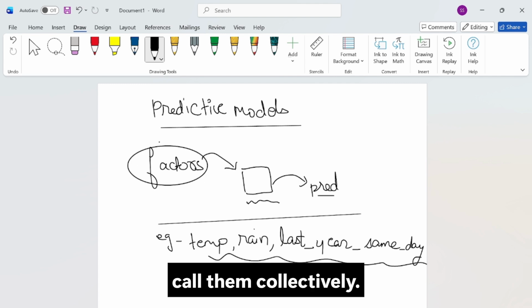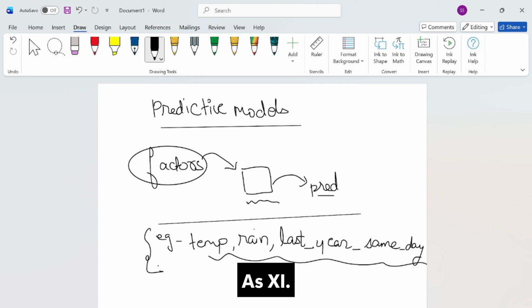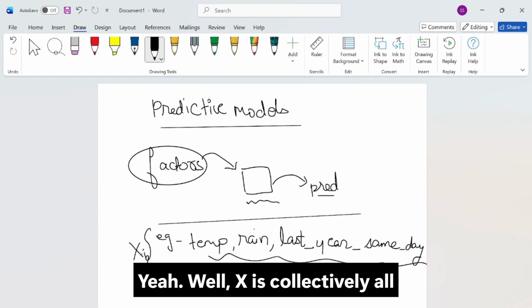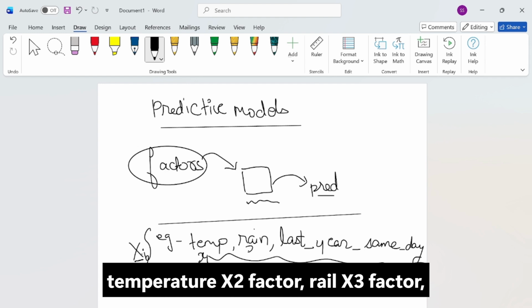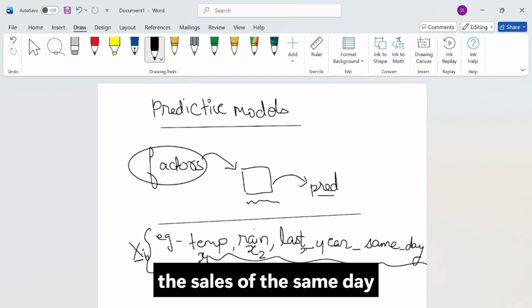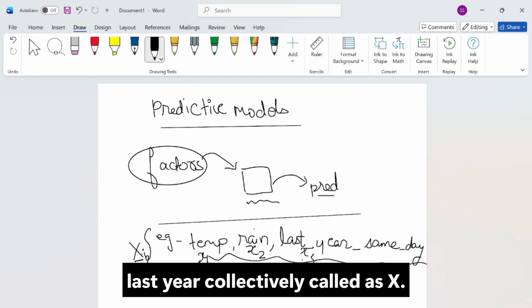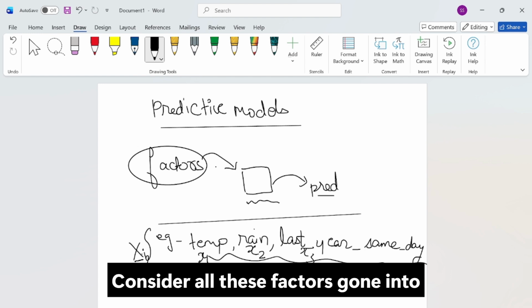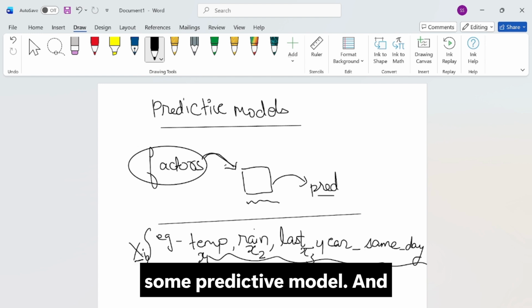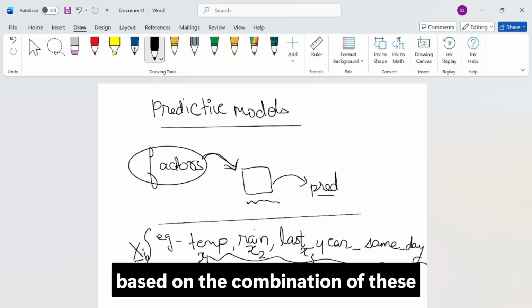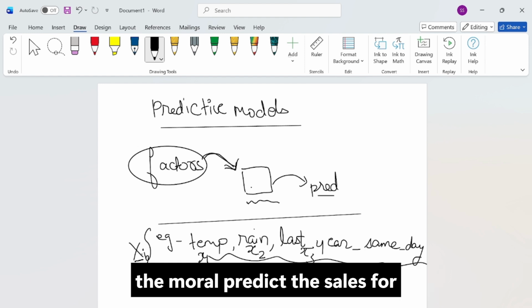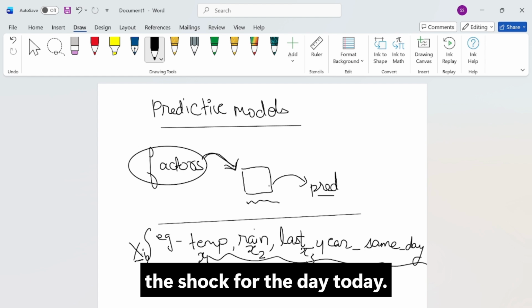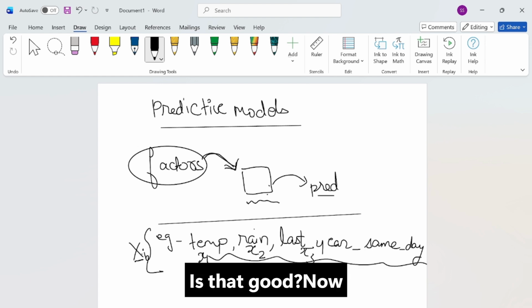We call them collectively xi, where x is collectively all the factors and xi is an individual factor. Like this is x1, the temperature, x2 the rain, x3 the sales on the same day last year, collectively called X. Consider all these factors going into some predictive model, and based on the combination of these factors working among themselves, the model predicts the sales for the shop for the day today. Is that clear? Fine.